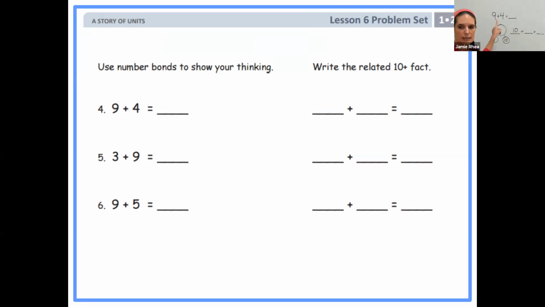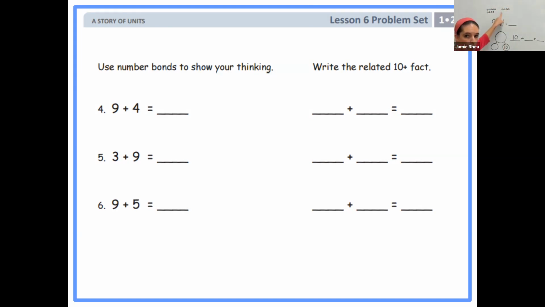So let's look at 9 plus 4. Am I going to make the 9 into 10 or the 4 into 10? I'm going to make the 9 into 10 because it's closer. Now I'm going to go up a little bit so I have some more room. And I'm going to draw it out. 1, 2, 3, 4, 5, 6, 7, 8, 9. And I'm going to draw my 4. 1, 2, 3, 4.